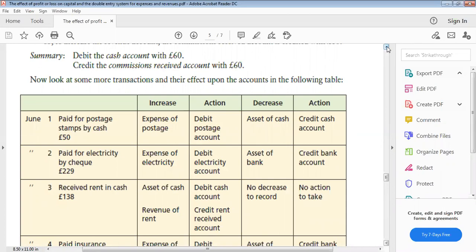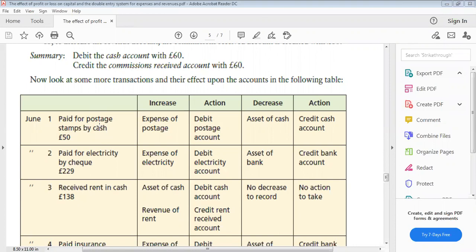All right, now, June 1, paid for postage stamps by cash, $50.